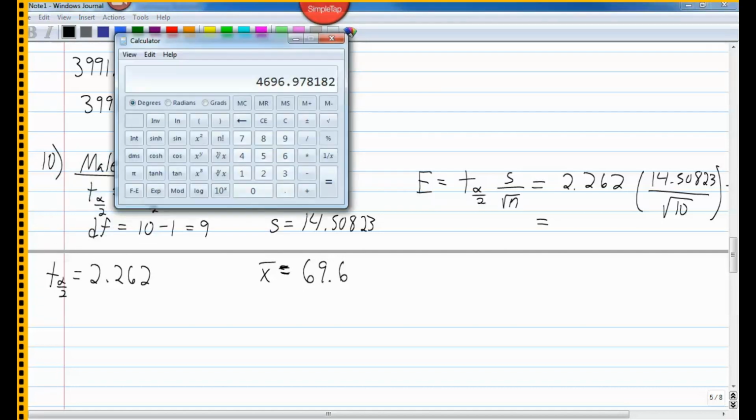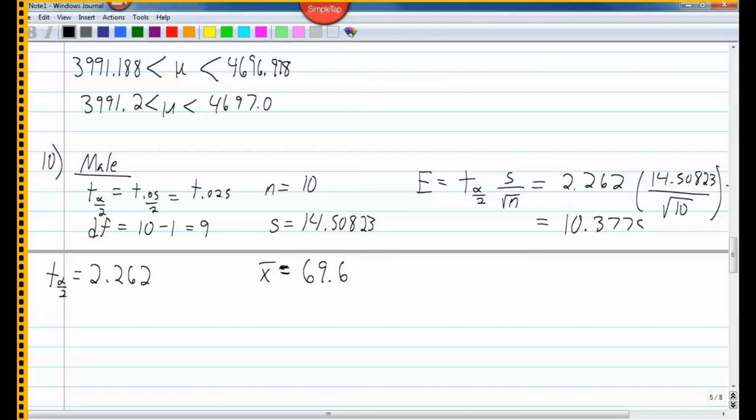So this will give me my margin of error. Okay. Let's see what this is all about. Okay, so that's what I got whenever I divided there. And I say times 2.262. Alright, so my margin of error, and I'm going to carry this out a couple places, is 10.37784. And so now I can construct my confidence interval.